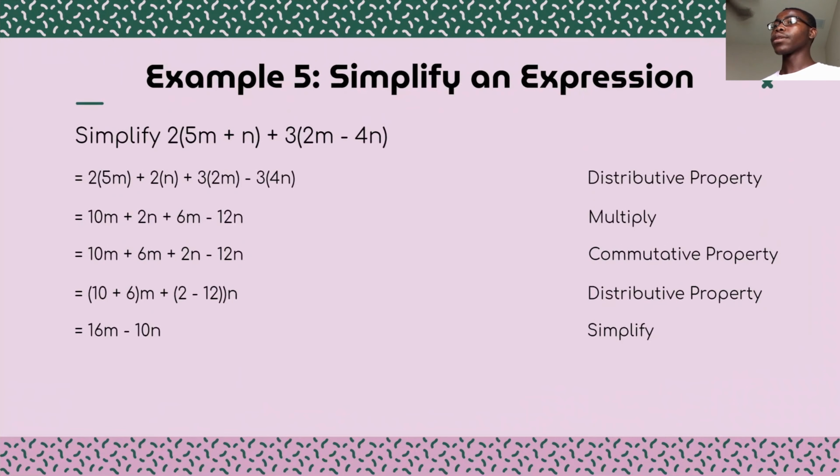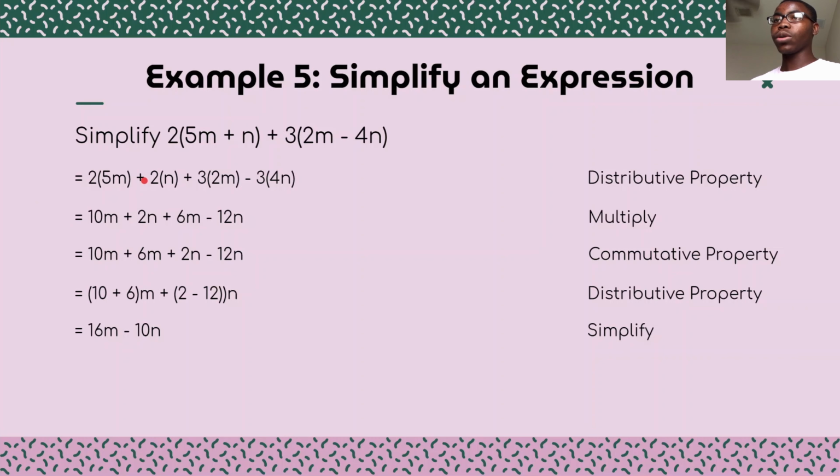So example 5 is simplifying an expression, and we have to simplify 2(5m + n) + 3(2m - 4n). First we have to distribute the 2.